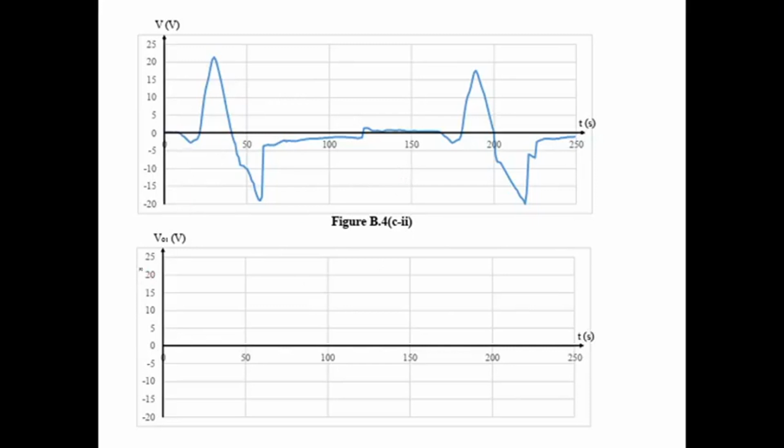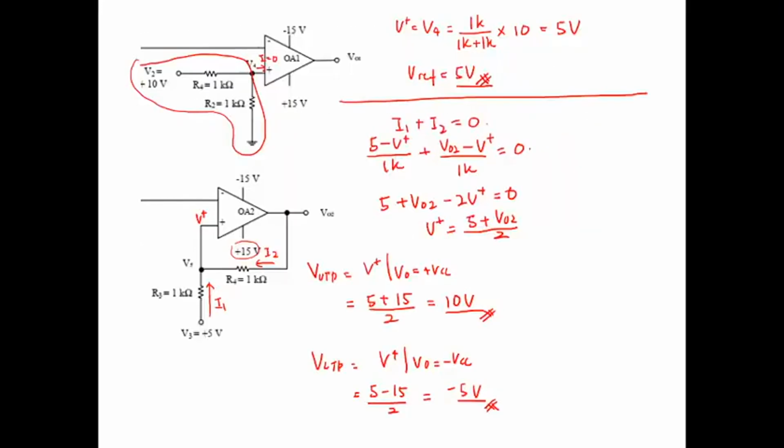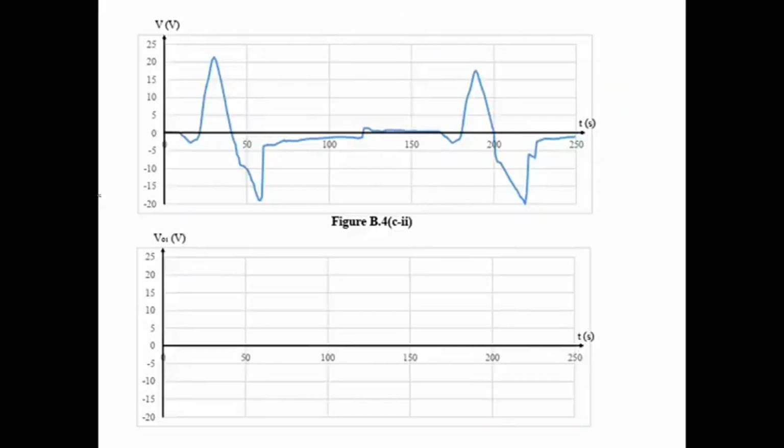Since the graph is already given, you just need to start your analysis by drawing the reference point. The reference voltage for the op-amp, which we calculated in the previous question, is 5 volt. This is your V reference.